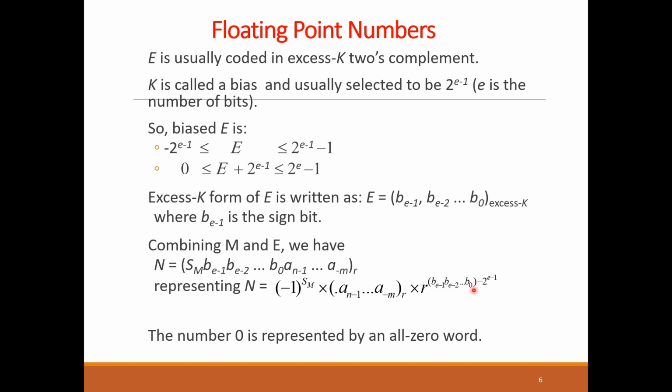This is the exponent with bias, and now you are subtracting the bias part because you added 2 to the power E minus 1 as a bias. So this will be the actual number that you have represented in floating point number representation.